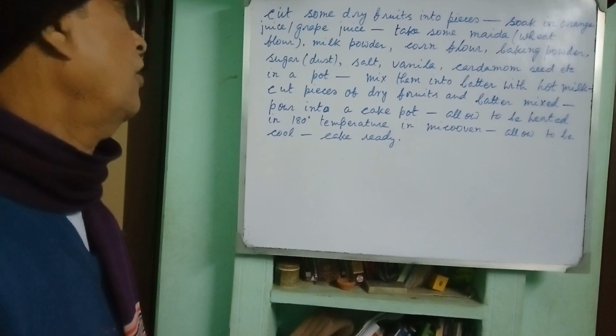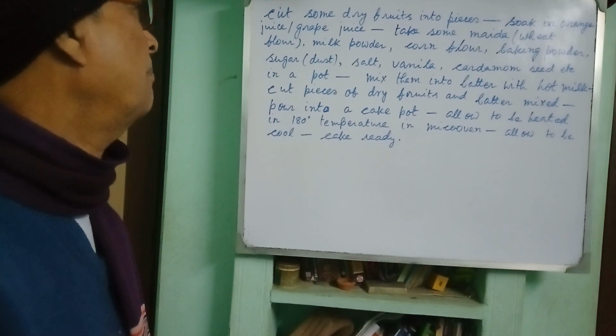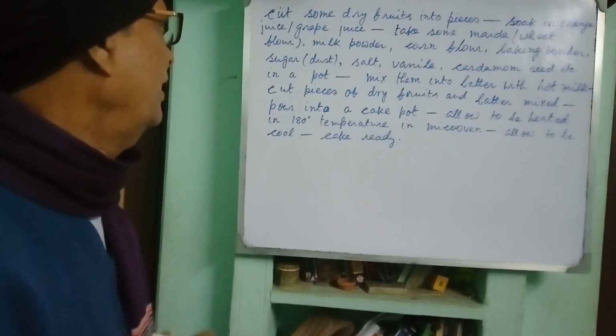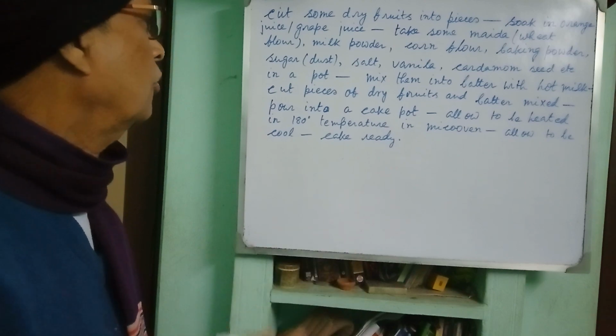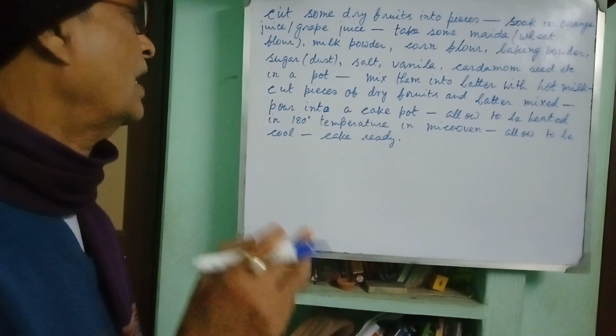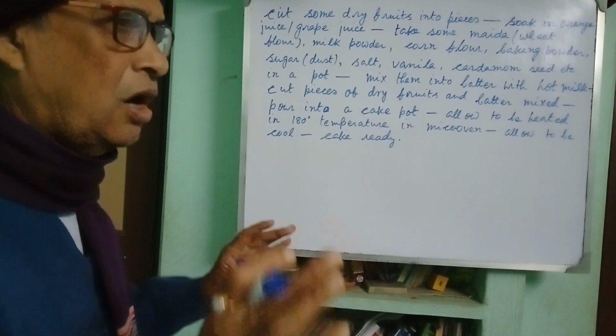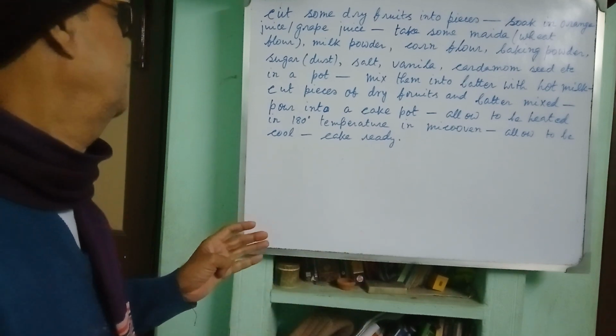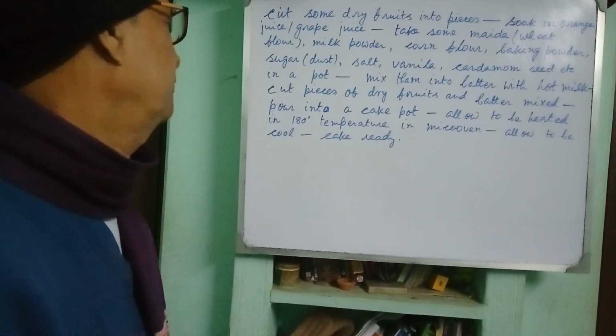After this, some maida, wheat flour, milk powder, corn flour, baking powder, sugar dust, salt, vanilla, cardamom seed, etc. are ground and put in a pot.